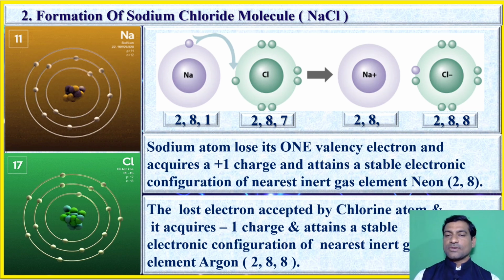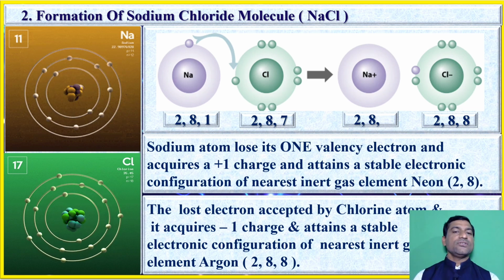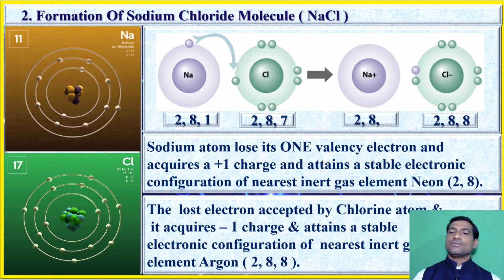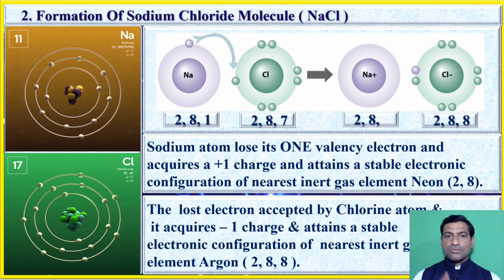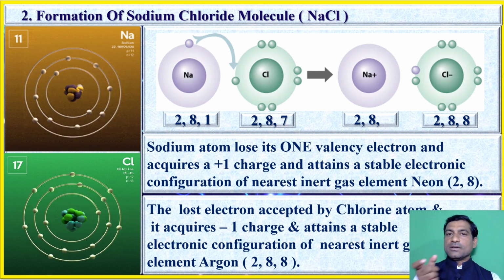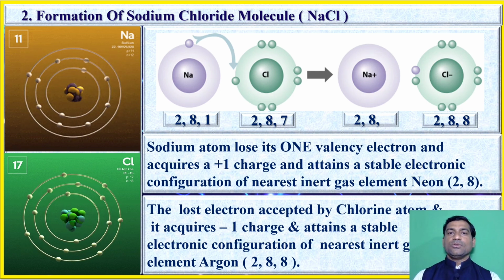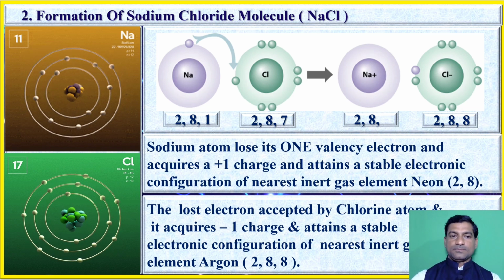Means sodium acquires a neon electronic configuration and chlorine acquires an argon electronic configuration, and they become a stable molecule, that is the formation of a sodium chloride molecule.